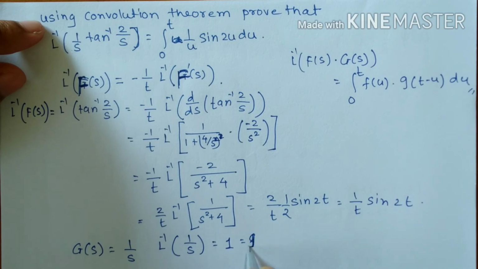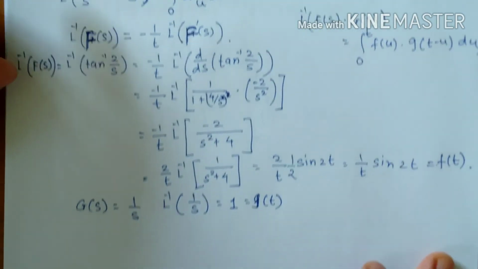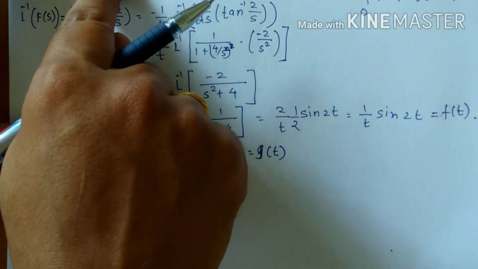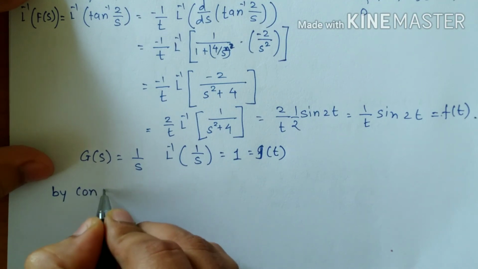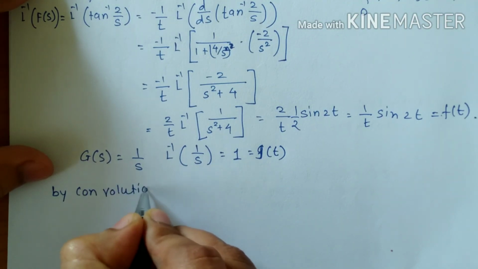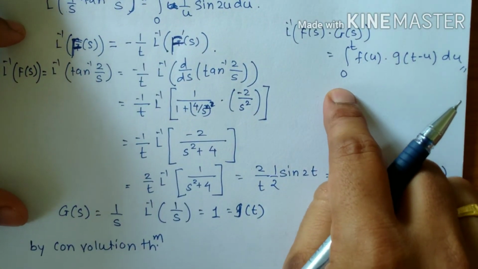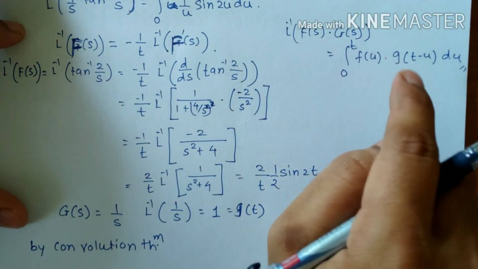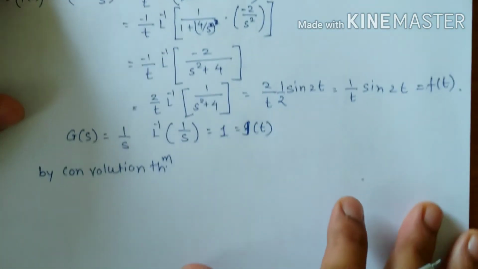So this is my G of t and this is our F of t. I want to calculate the inverse Laplace of this. So by convolution theorem, inverse Laplace of f of s into g of s is integration from 0 to t f of u into g of t minus u.